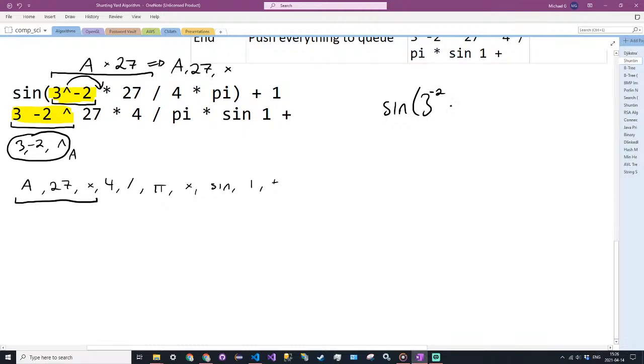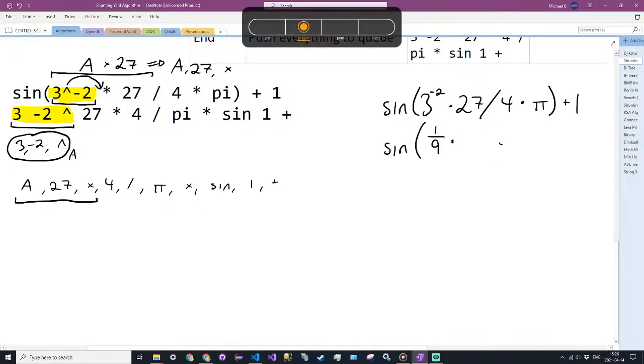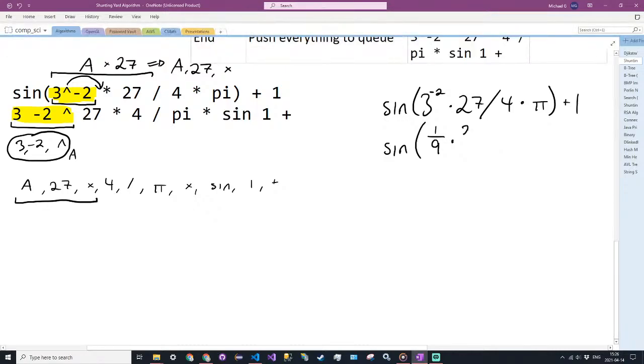If we start with the original expression, it's sine of x divided by 4 times pi, plus 1. We start with the exponent, so it becomes sine times 1/9 times 27 divided by 4 times pi, plus 1.